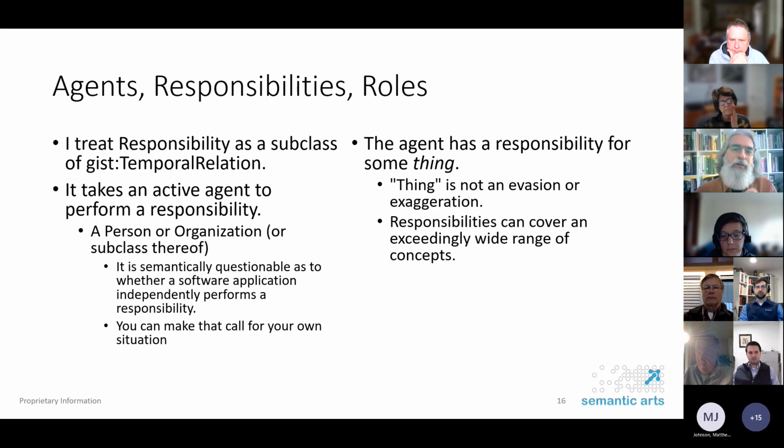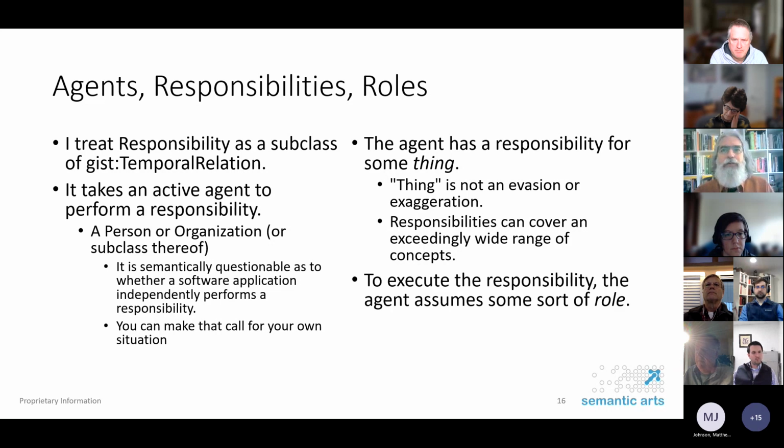In your own particular context, it might be something that you can scope to a particular thing, but in general, I just leave the idea of responsibility as potentially involving anything. And then, to execute the responsibility, the agent assumes some sort of role.